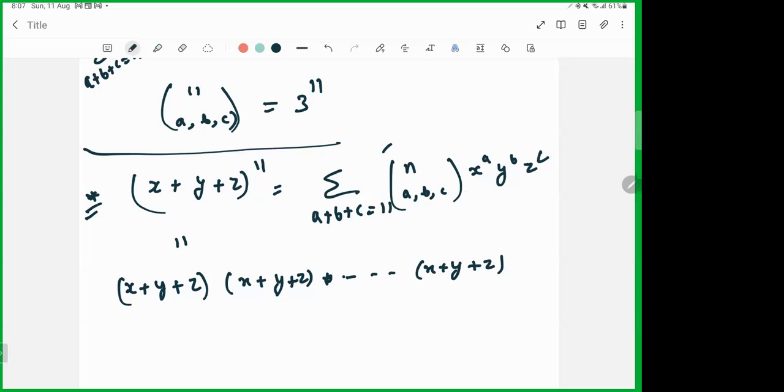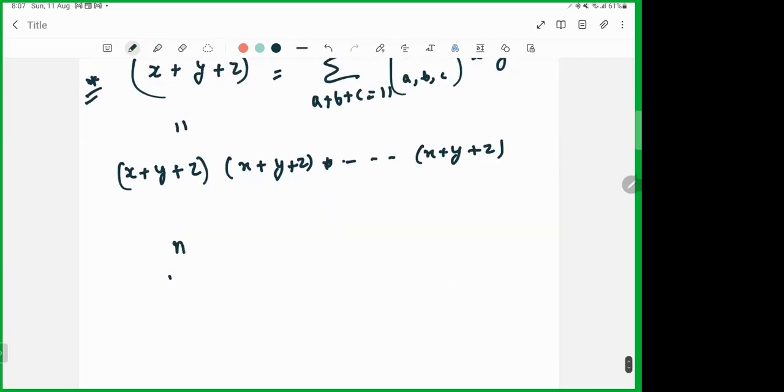Are you getting it or not? So what is the meaning of n choose a comma b comma c?